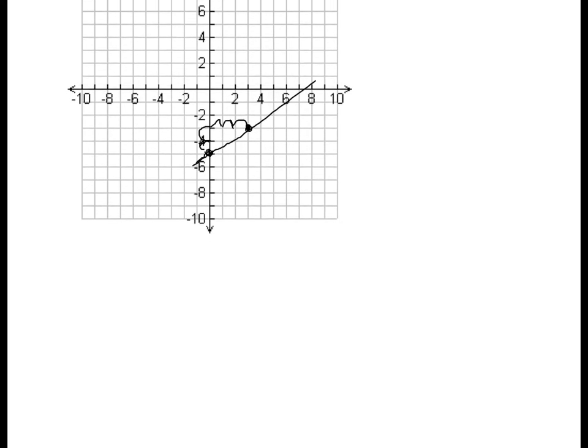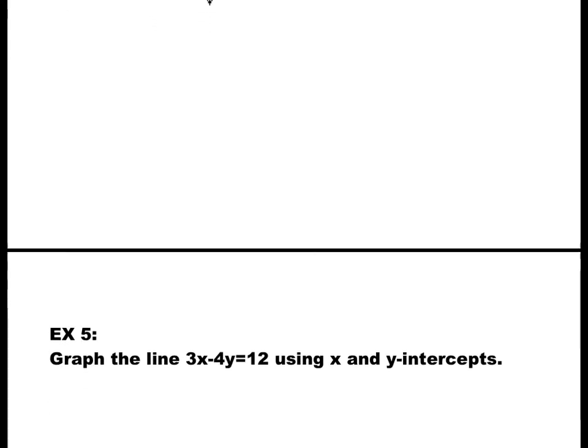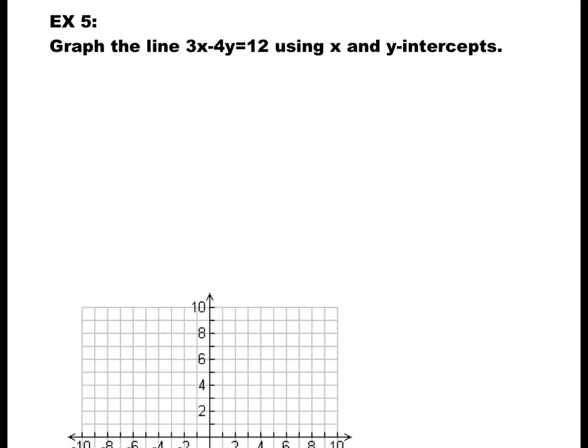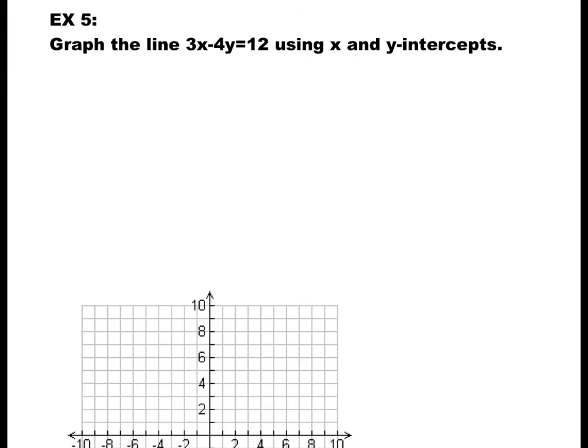The next example is to plot 3x minus 4y is equal to 12 using xy intercept. By definition, x-intercept is when y is equal to 0. So we are going to evaluate this expression for y equals 0.